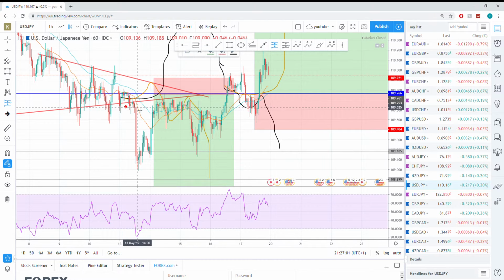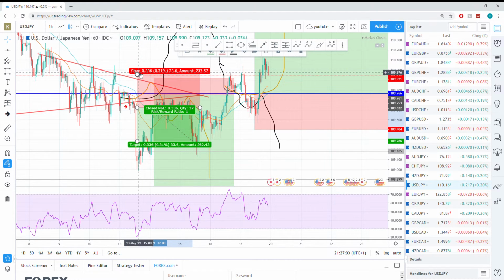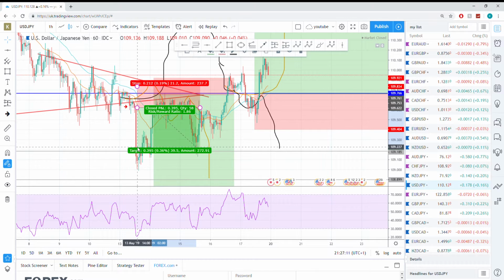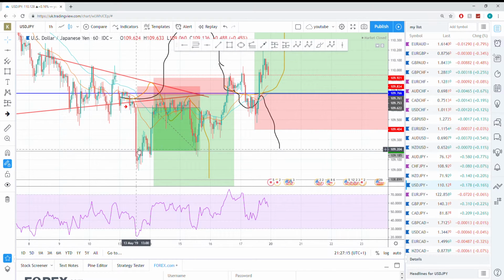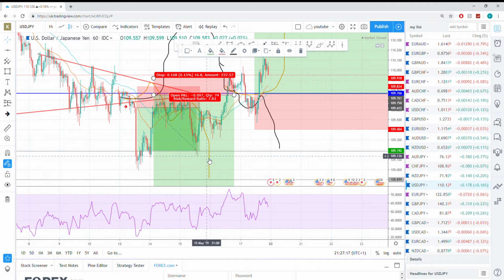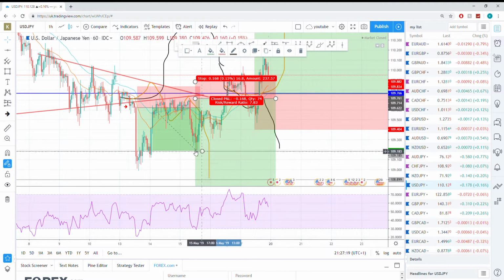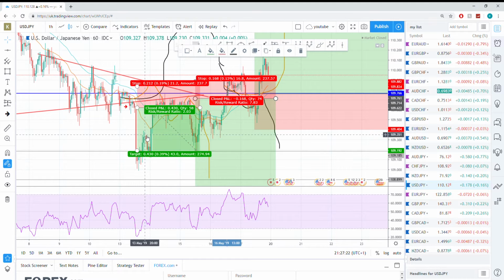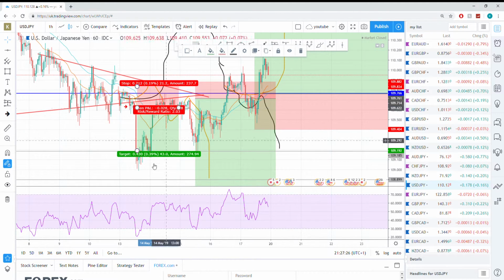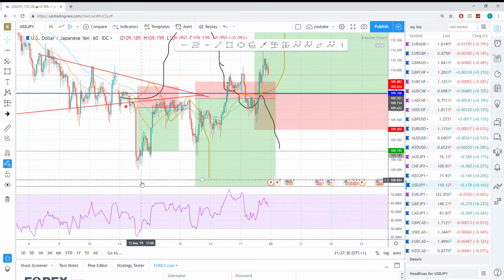So let's put this into perspective. You could have done something like this, previous high of the week, so 20 pips for the stop, and then the take profit would have been always at the key zone levels here. So if I just move this to the side, you can see a good 43 pips for that one before price started to come back against us.